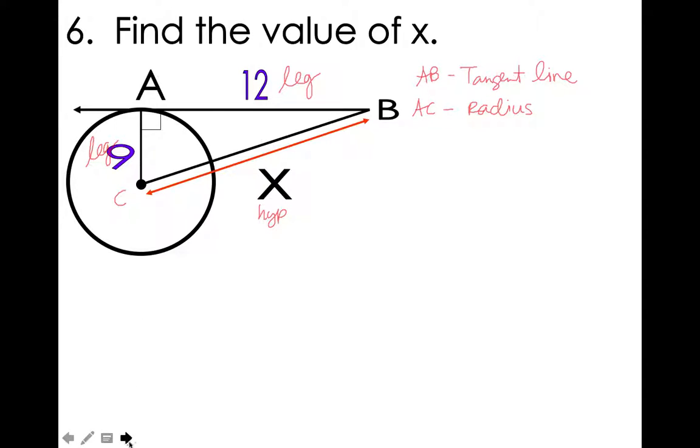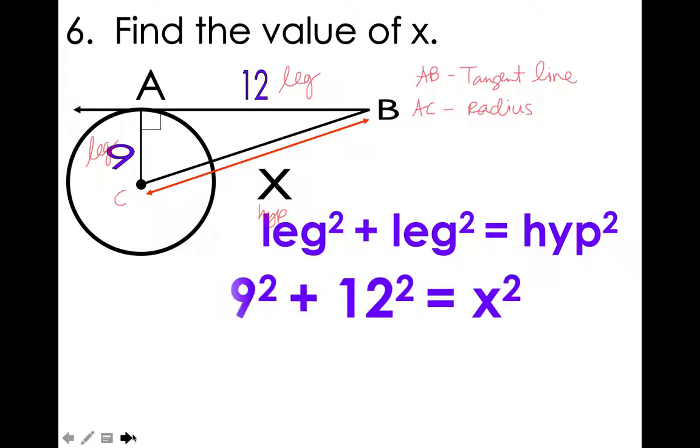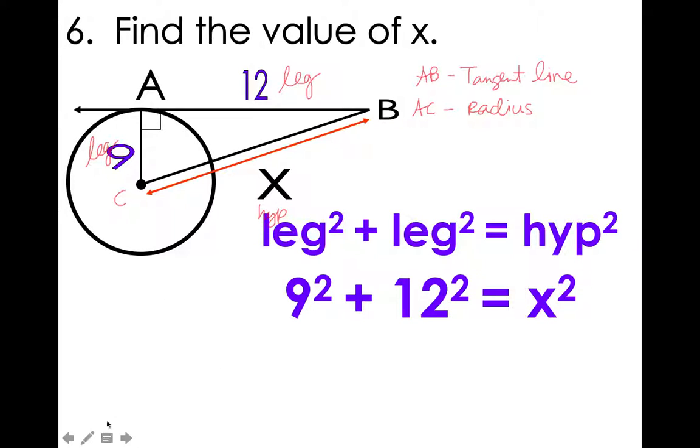So if I'm using the Pythagorean theorem, I can do leg squared plus leg squared equals hypotenuse squared. When I plug in what I am given, I end up with this. And so we'll look at this as being 81, 144. 81 plus 144 gives us 225.